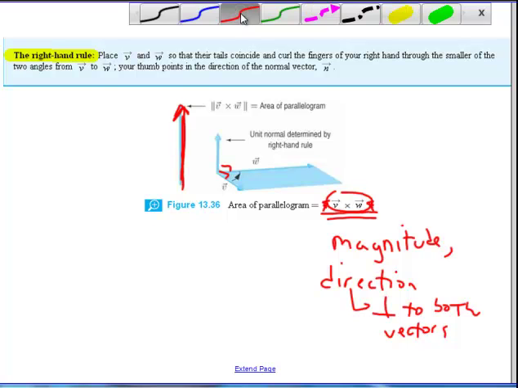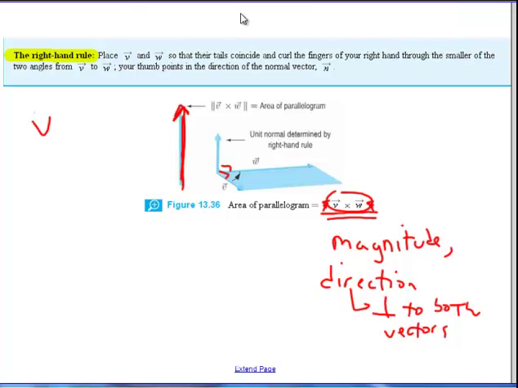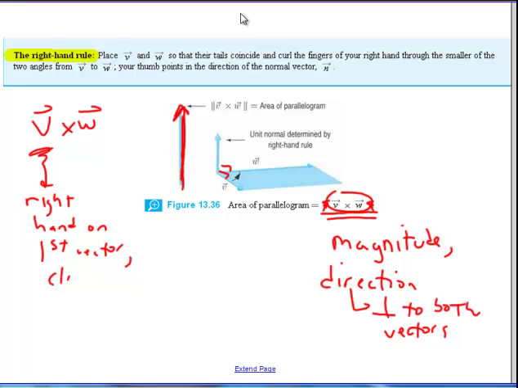It's called the right-hand rule, and the idea is, since we're talking about v cross w, and it's not commutative, so the order matters, you're going to place your right hand on the v, so on the first vector, and you're going to close your fingers toward the second vector. And what we want to do is do that in the smallest angle.